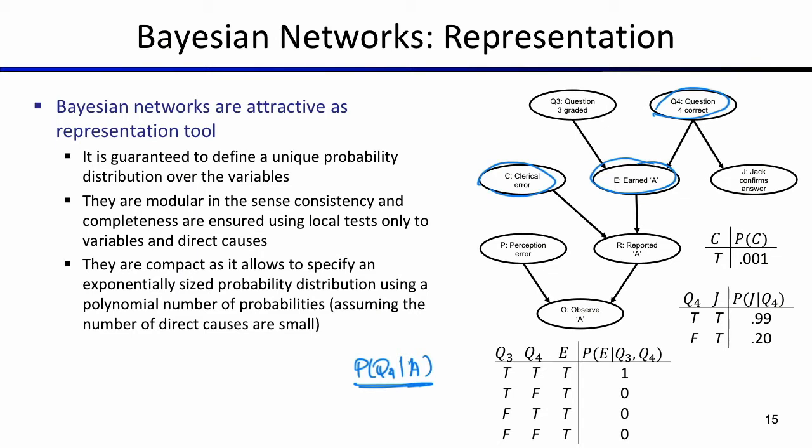Okay, and the final note here is that this table is what we call a deterministic conditional probability table, because it only has values zeros and ones, right? And the interpretation here is very simple. It's that we will only earn an A if we have a Q3 correct, a Q3 graded, and a Q4 correct. So that is expressed in this line.